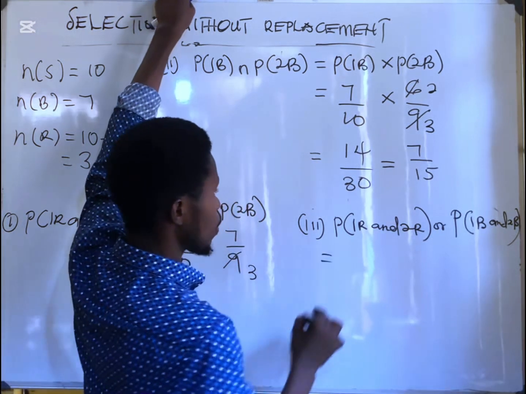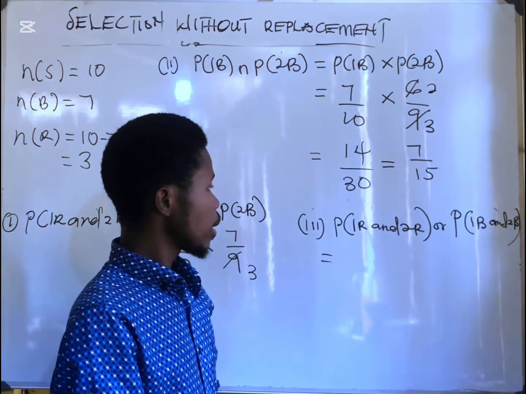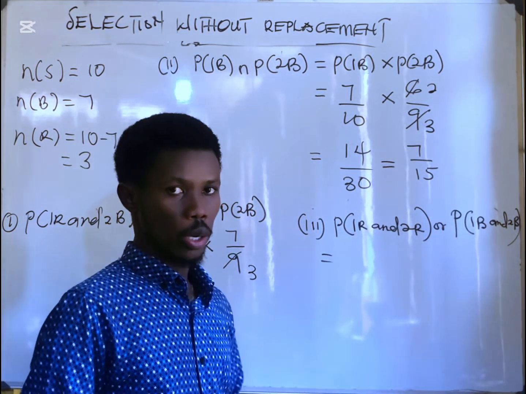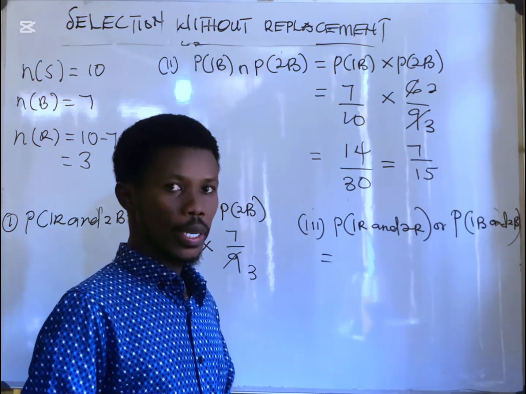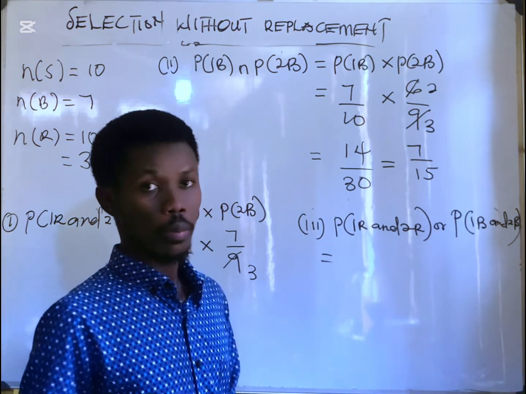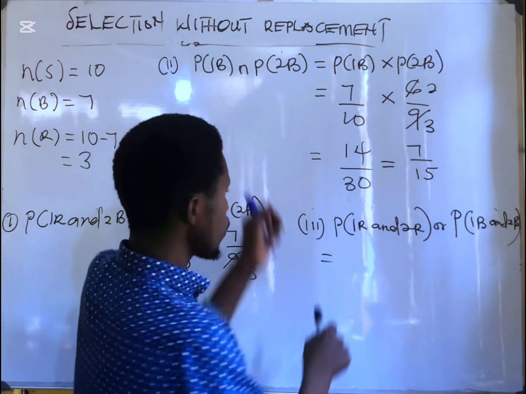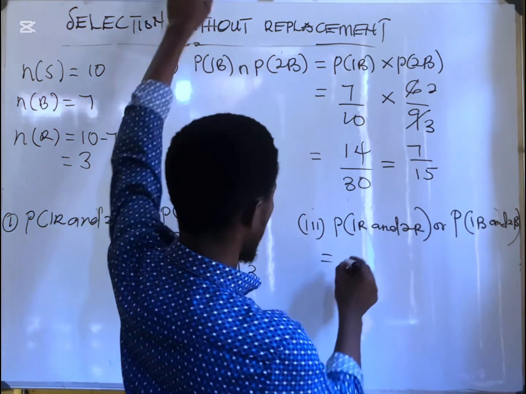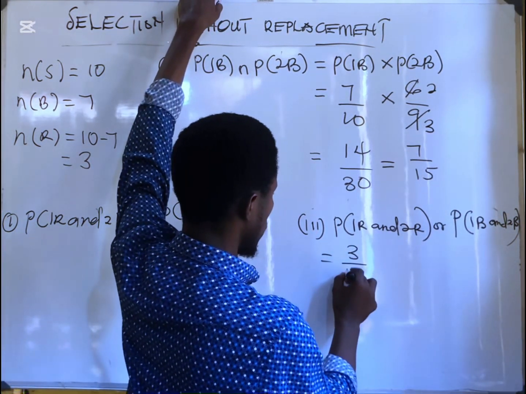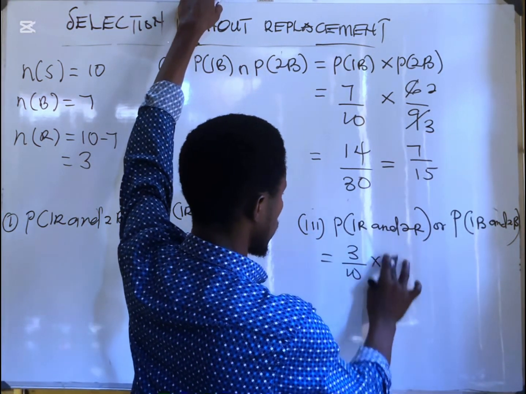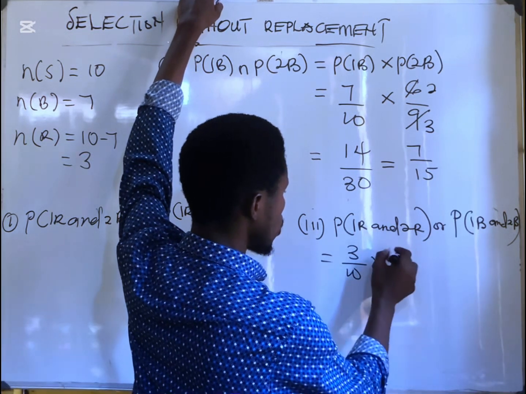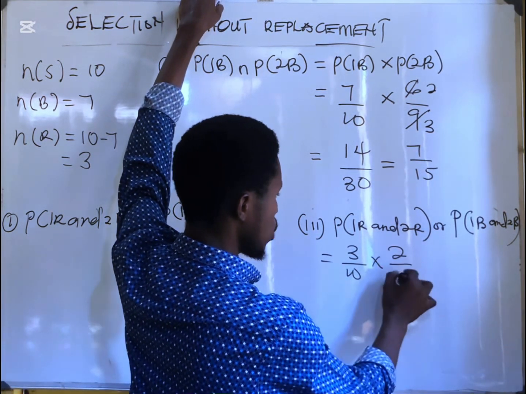That's the meaning. 2 marbles of the same color means that either the first 2 you pick were red, or the first 2 you pick were black. So if the first 2 were red, that's going to be 3 over 10 times, and here it will reduce and here will be 9.